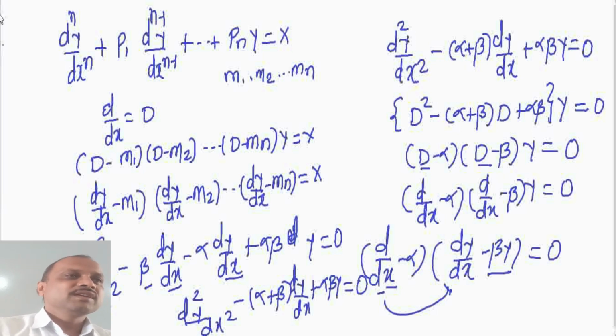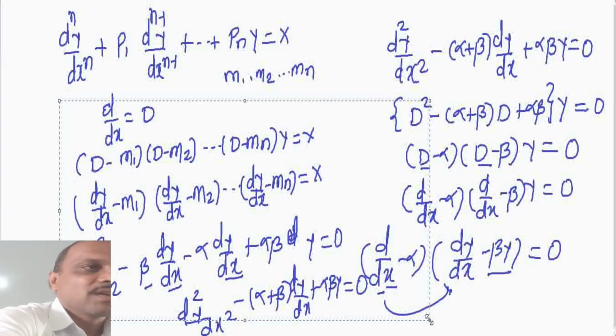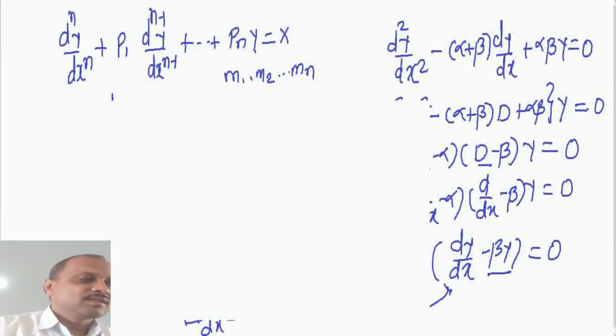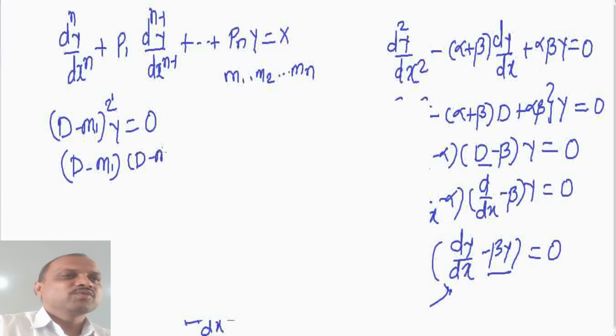Now suppose we have another type of equation, when the roots are repeated. This is a case of a repeated root: (D minus m1) whole square y equal to 0, which we can write as (D minus m1)(D minus m1) y equal to 0.